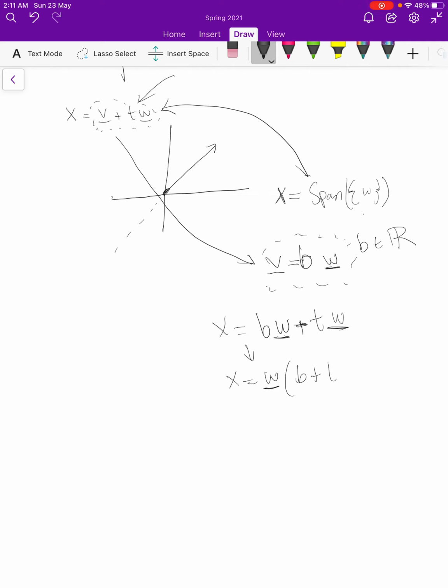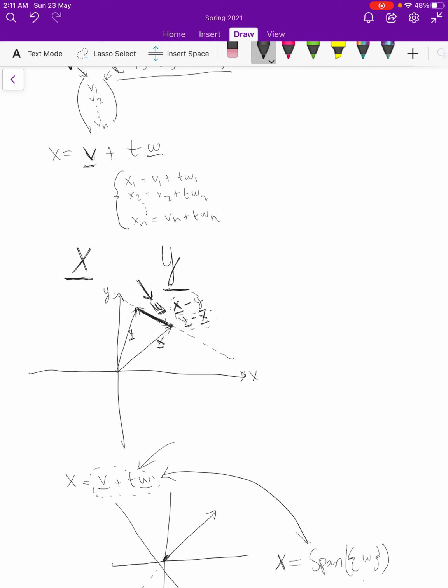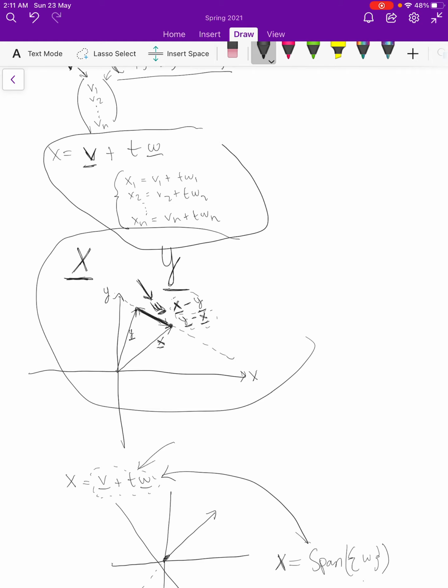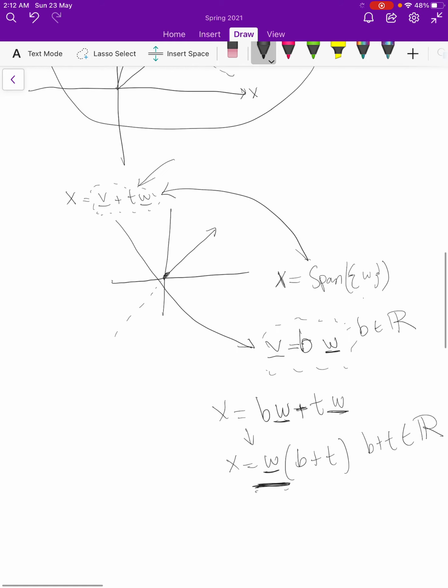We have b plus t, but b plus t is a real number. So this is a span. This can also be a span. And this works for Rn. This works for any dimension. All these ideas here work for any R. These parametric equations are in any R. So just keep that in mind, and thank you.